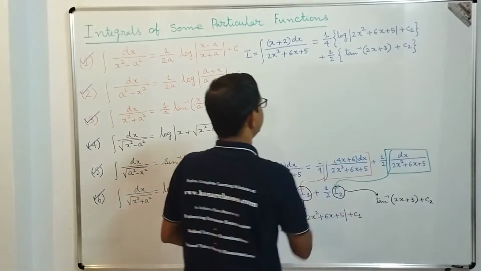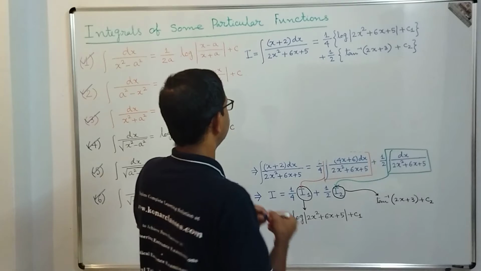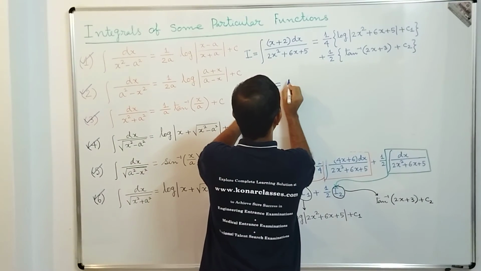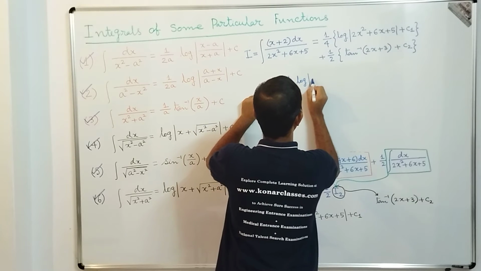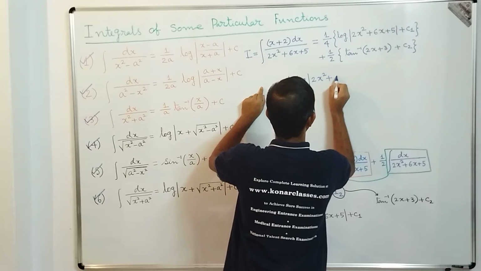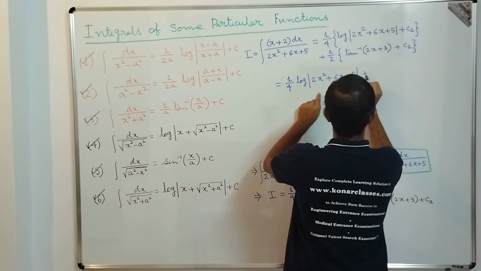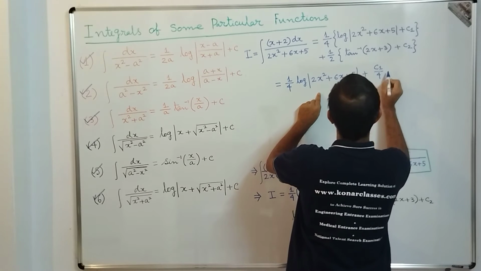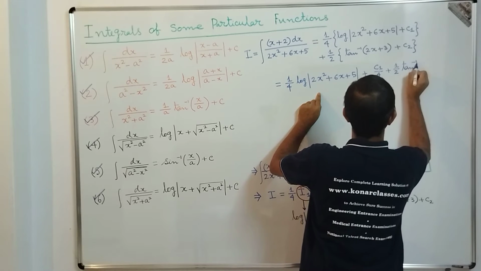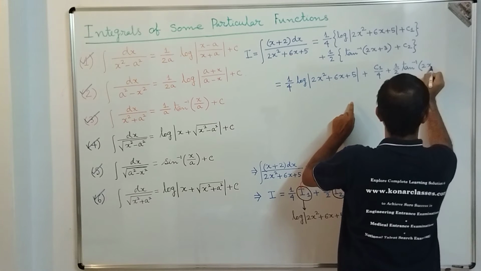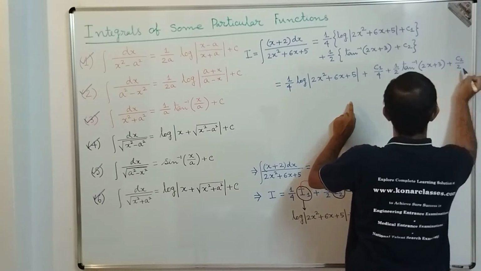Okay, so what we are going to get here, dear students, is that this is equal to 1 by 4 into log of mod 2x square plus 6x plus 5 plus c1 by 4 plus 1 by 2 into tan inverse of 2x plus 3, plus c2 by 2.